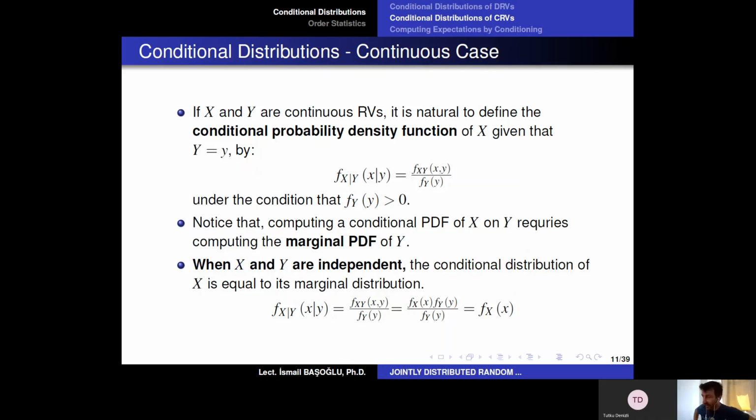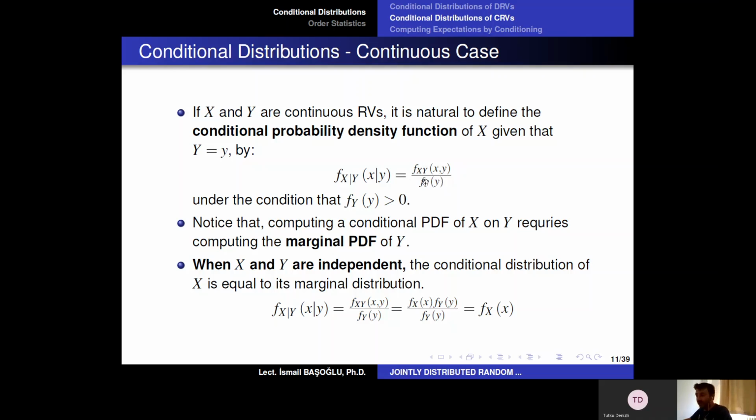Okay, thank you for waiting. Now, this is the conditional representation of a conditional probability density function. And how do we compute it? Actually, it is very, very easy. You divide the joint probability density function by the marginal probability density function of y at y.